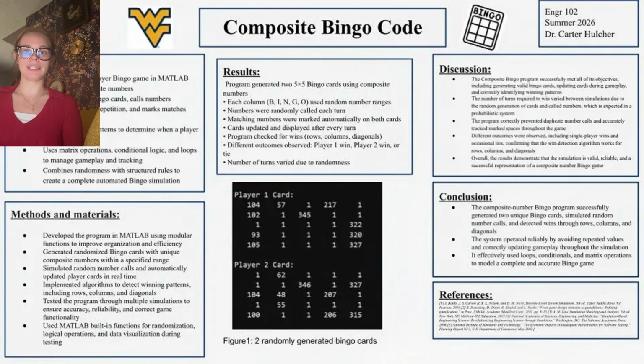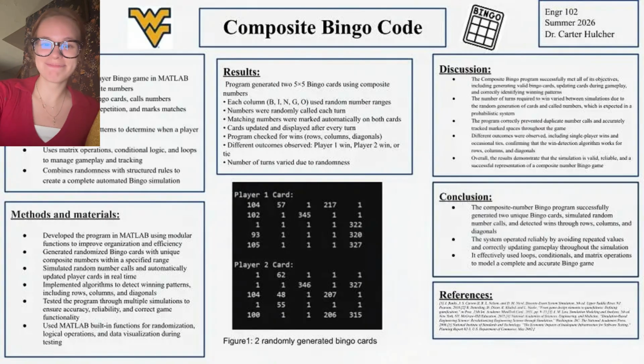As the game progressed, more spaces were marked until a player achieved the winning pattern, like a row, column, or diagonal. We tested the program multiple times and got different results each time, including wins for different players and even ties. Overall, the results show that the program worked correctly with no major errors, and randomness made each game unique.